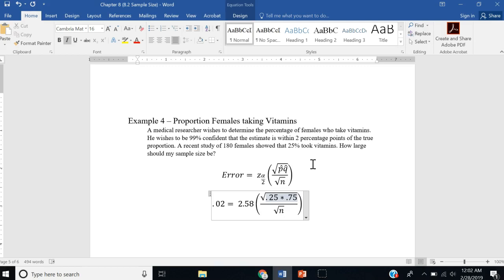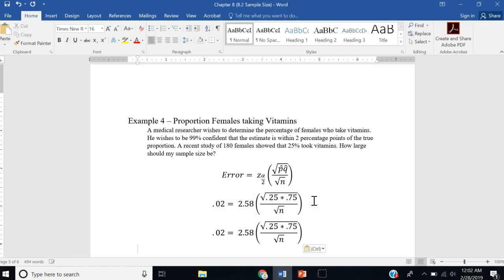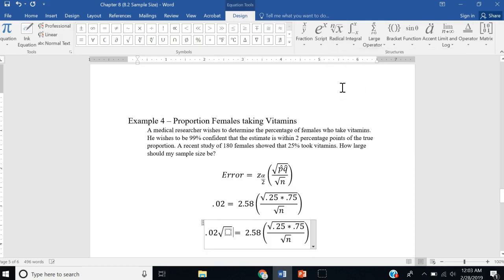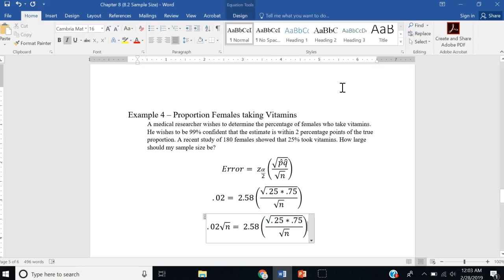And now we solve this in the exact same way we dealt with the other one. We're going to multiply both sides by the square root of n. Now I'm going to skip a step here. If I multiply both sides by the square root of n, we get 0.02 times the square root of n on the left-hand side. On the right-hand side, all I'm going to do is cancel out that denominator.